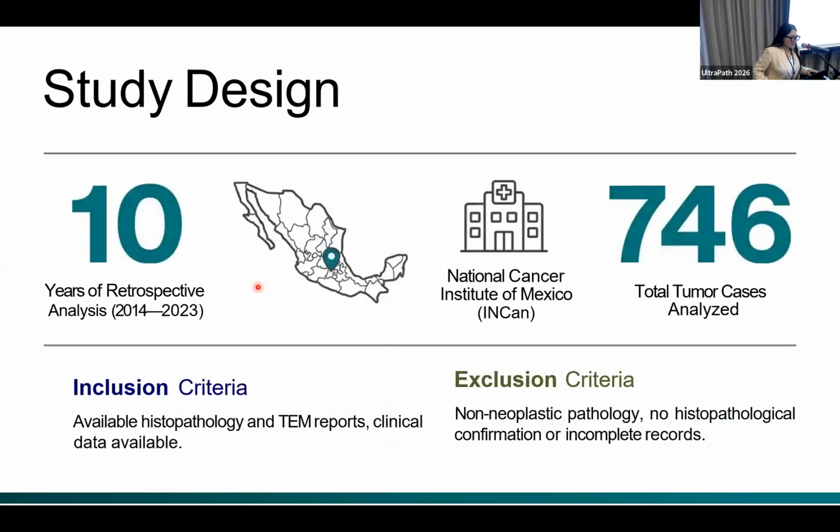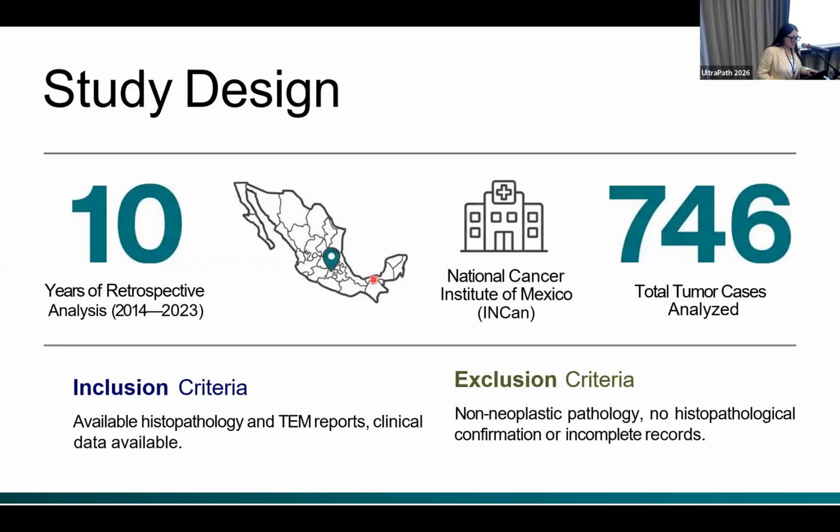So this was a retrospective and comparative study conducted from 2014 to 2023, and it was performed in the National Cancer Institute of Mexico, and we collected a total of 746 cases. Our inclusion criteria were the available histopathological and electron microscopy reports and the clinical data available in the system.